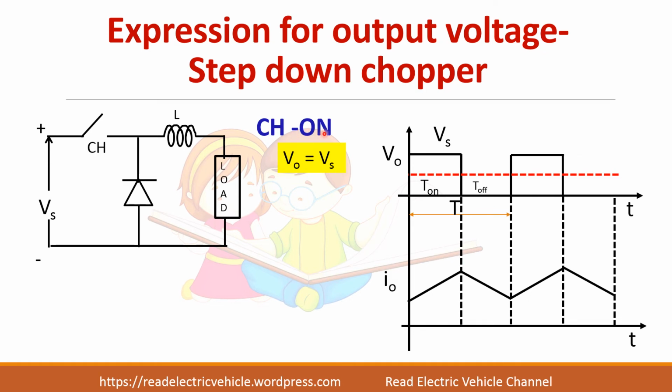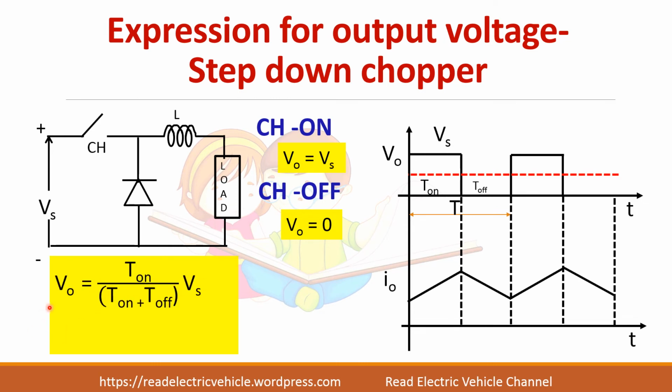So when the switch is on, V0 equal to Vs, switch is off, V0 equal to 0. This we have already derived in basic chopper. V0 is equal to Vs into T on plus 0 into T off period divided by total time period T. So V0 equal to alpha Vs, where alpha is called the duty cycle, which ranges from 0 to 1.